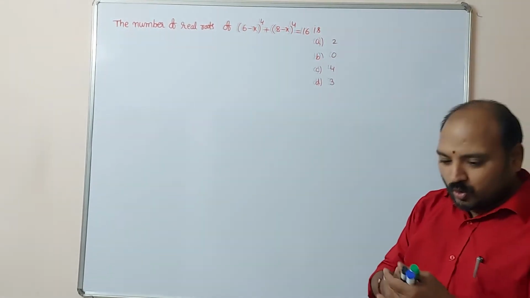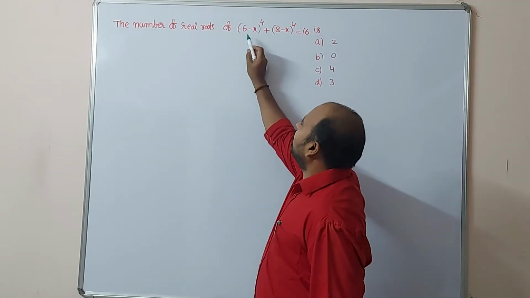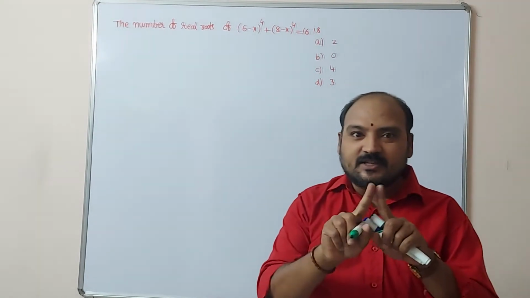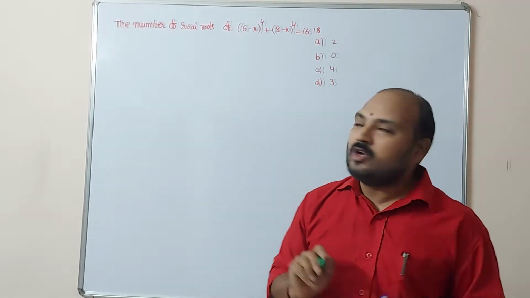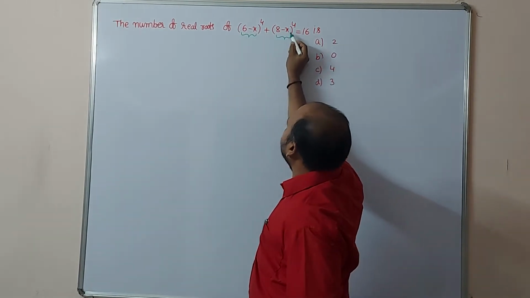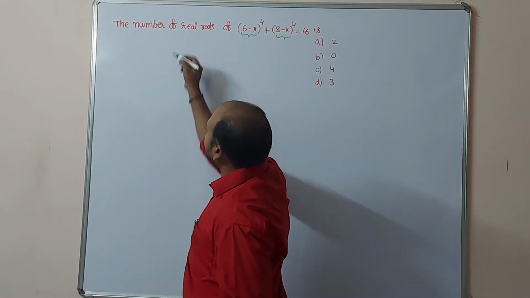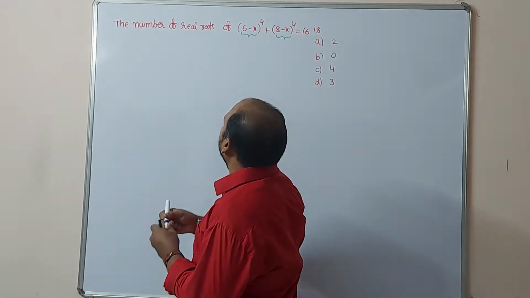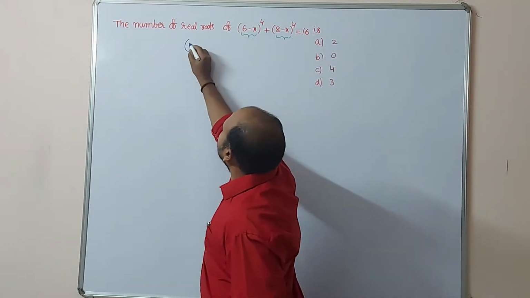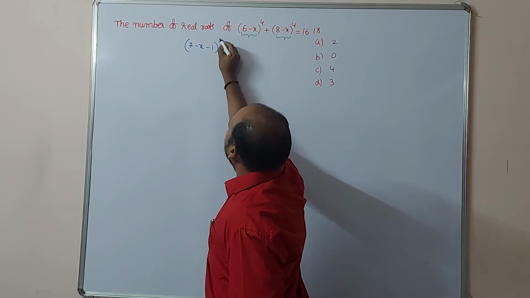So what we have to do here? Some logic: observe carefully, here 6 is there, here 8 is there. In between 6 and 8, 7 is there, no? So these terms, in terms of 7 you have to write and then simplify. See here, this term we are going to write as 6 minus x can be written as 7 minus x minus 1 whole power 4.